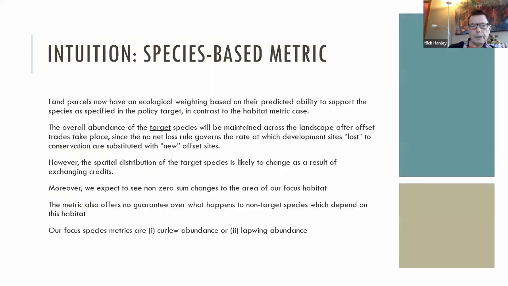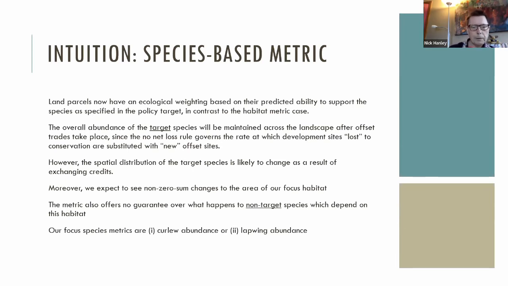Okay, if we have a species-based metric, so this is going to be based on one of our two birds, then land parcels now have an ecological weighting based on their predictability from our ecological model to support the species as specified in the policy target, in contrast to the habitat metric case. So we're going to weight each land parcel according to its ecological potential to supply us with more lapwings or more curlews.